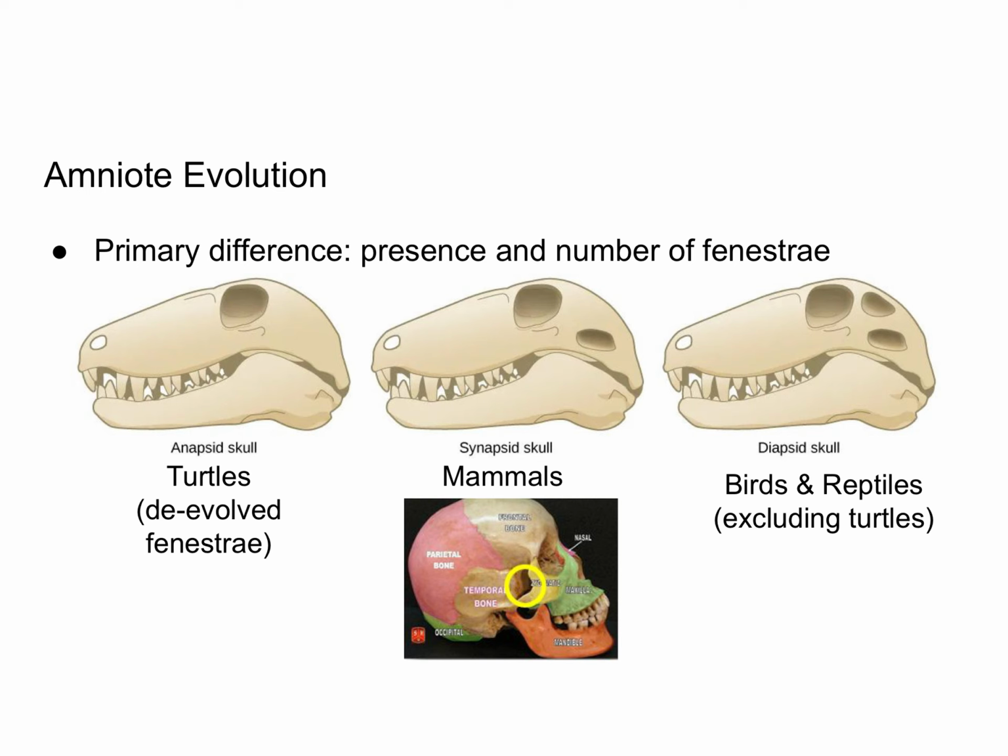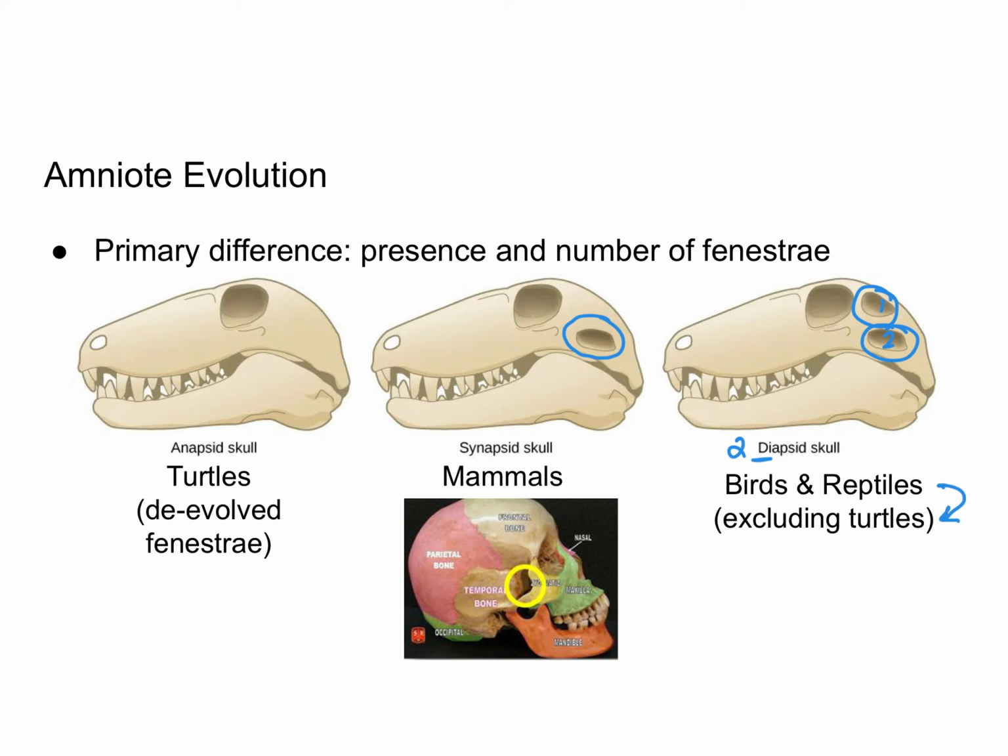The main difference between these synapsids and diapsids has to do with the presence and number of fenestrae. Fenestrae just refers to basically these holes in the skull. Di means two, so diapsids have two of these holes in their skull. This includes birds and reptiles except for turtles.